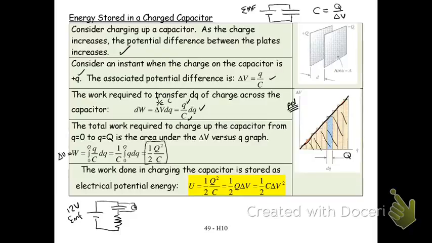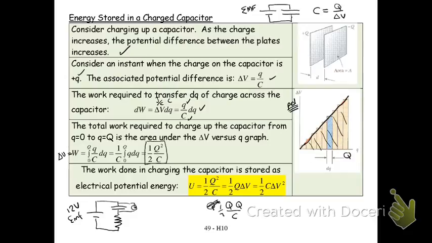Delta U is equal to the work done, which equals this. And then I can substitute in, so 1/2 Q over C. Let's say I'm going to use this equation over here. Let's say that I want to take one of those Q's and make it C delta V. So, Q times Q over C times 1/2.